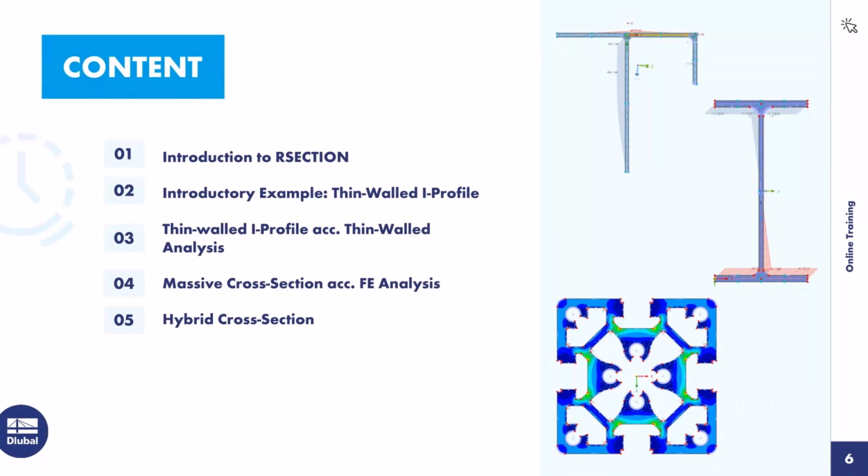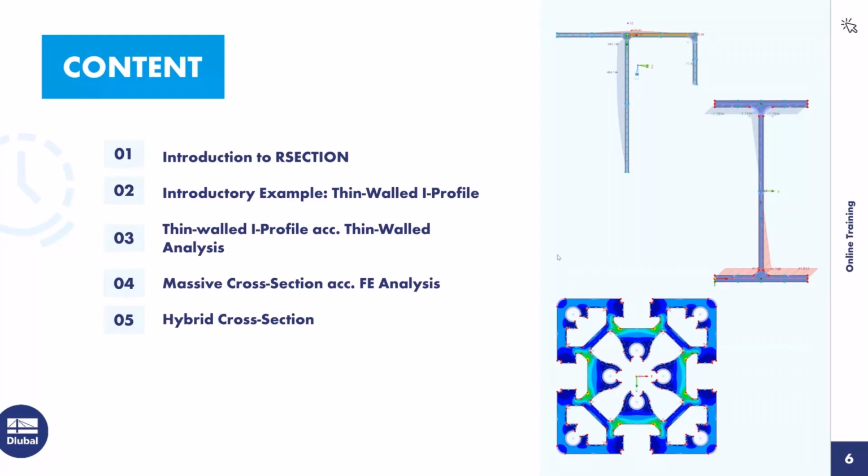Then I go to the RSECTION program. RSECTION is an independently executable program for generating any thin-walled or massive profiles. If you want to design special profiles in RFEM or RStab that are not contained in the profile library, you can create them with RSECTION. You can then import these user-defined profiles into RFEM or RStab. In RSECTION, it's possible to calculate cross-section values and stresses.